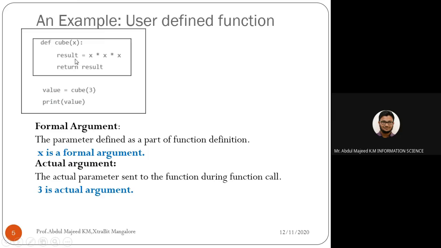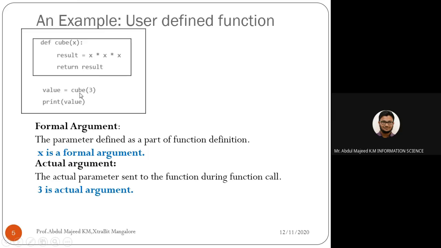To calculate the cube of a given number, multiply the same number three times, so x into x into x, that is x cube. Then we send the result to the calling function using the keyword return result. Outside the function we create a variable called value and we call the function. So this is the function call.